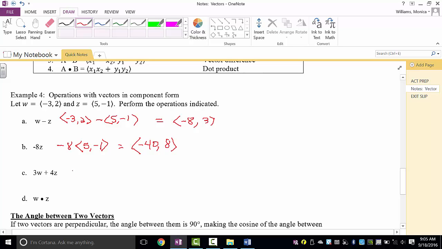Follow order of operations. So 3 times vector w plus 4 times vector z. Of course, we multiply first. 3 times vector w gives us negative 9, 6, plus 4 times vector z gives us 20 and negative 4.